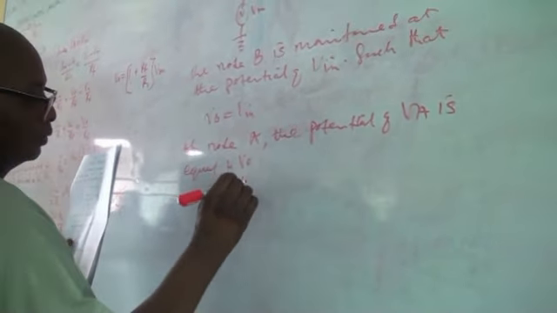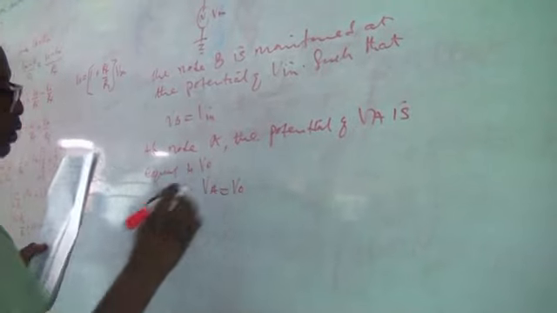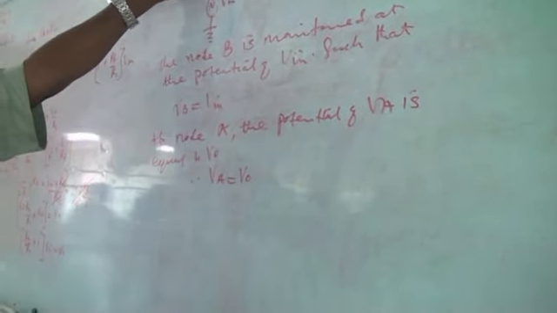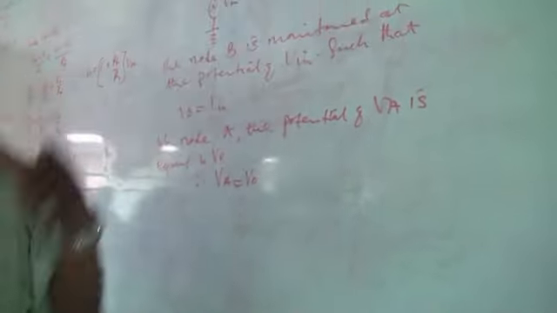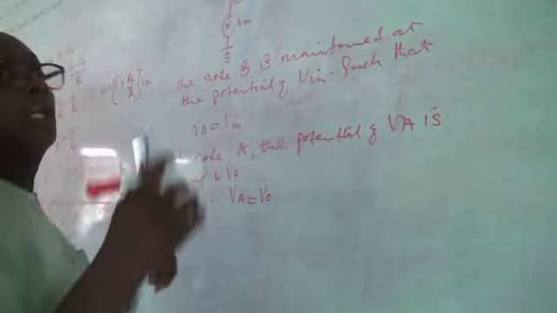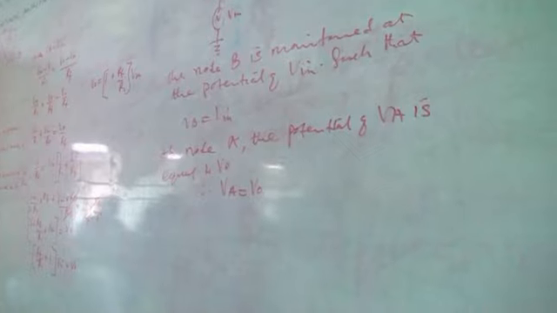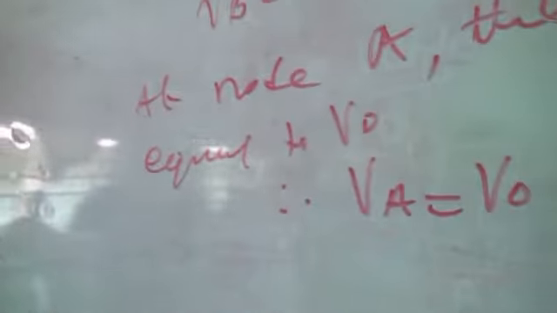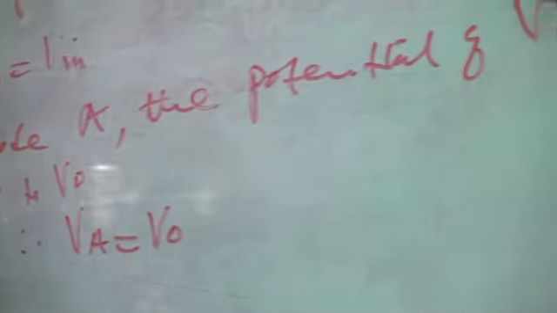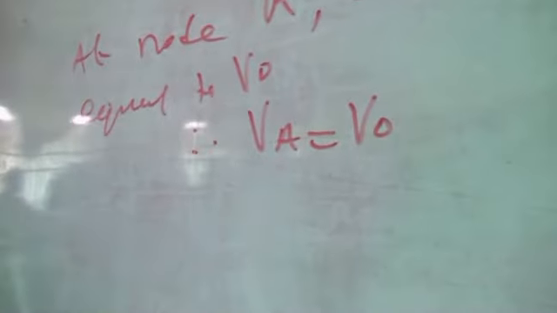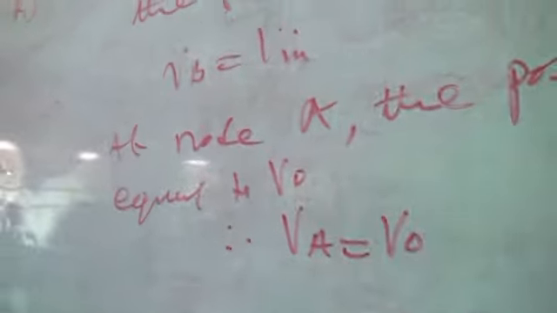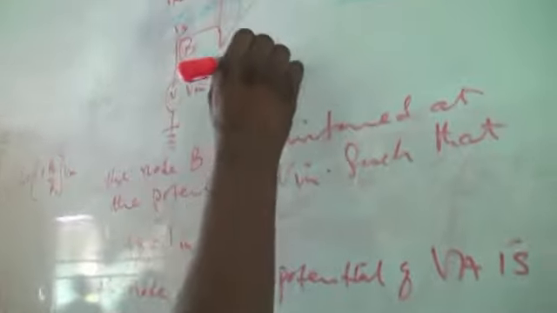That is, VA equals to V naught. That is, what is flowing here is exactly what you are going to have at your output. Can you see how the arrangement looks like? Yes. So, since the output voltage is equal to the input voltage, that is what is obtained concerning the voltage follower. This is the diagram for op-amp as a voltage follower.